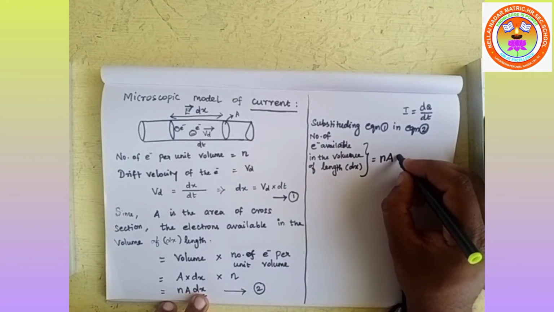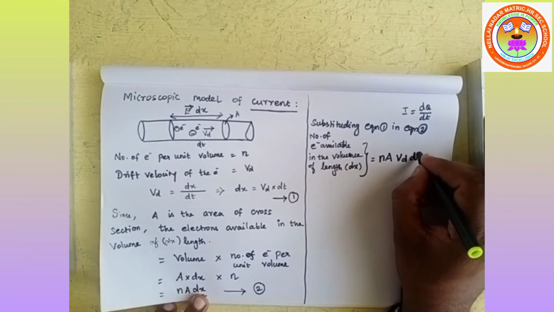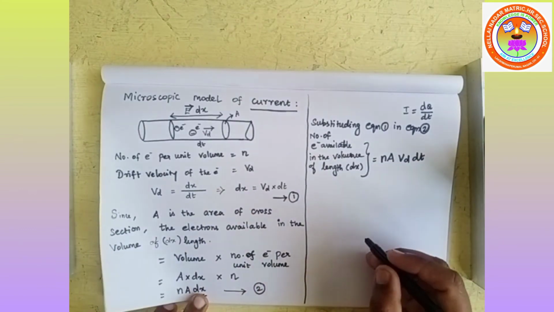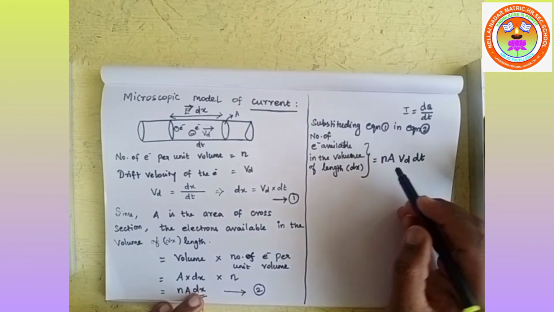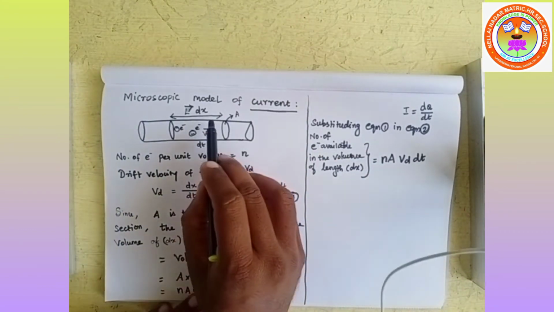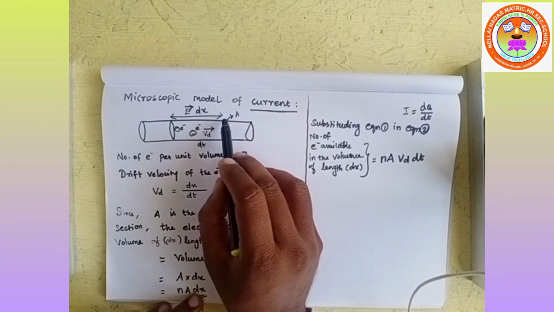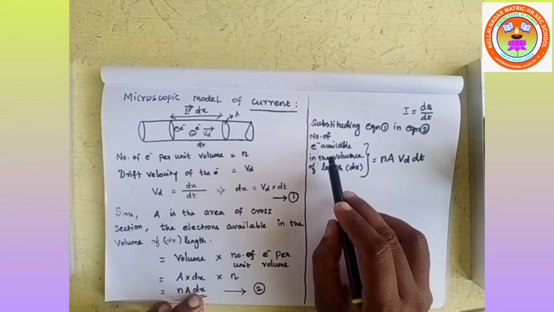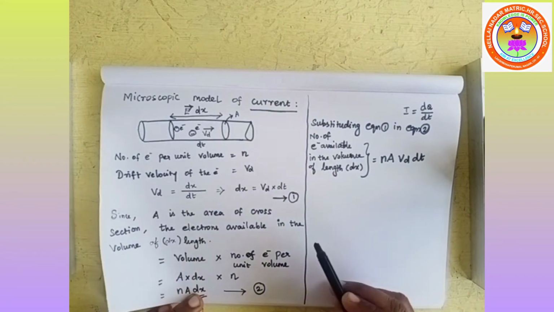What is dx? That is Vd into dt. So this is the number of electrons in the volume of length dx.